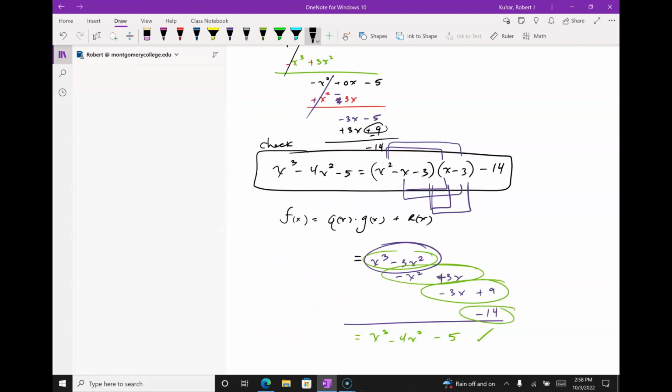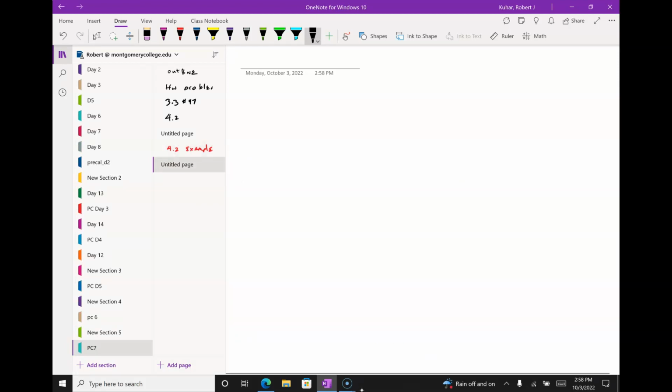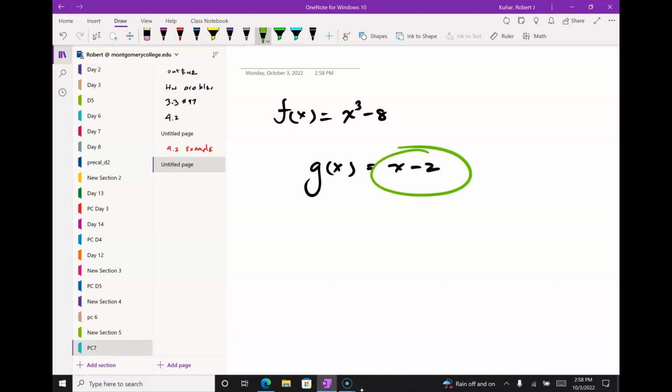Okay. So my very first problem, I had f of x equals x cubed minus 8, right? And I said divide by g of x, which was x minus 2. What number makes this 0?